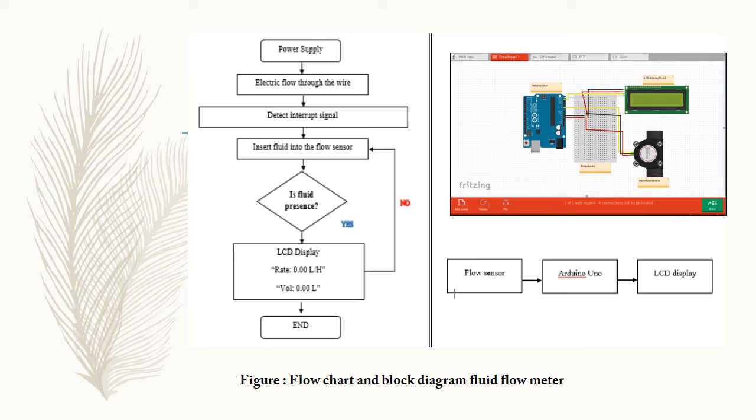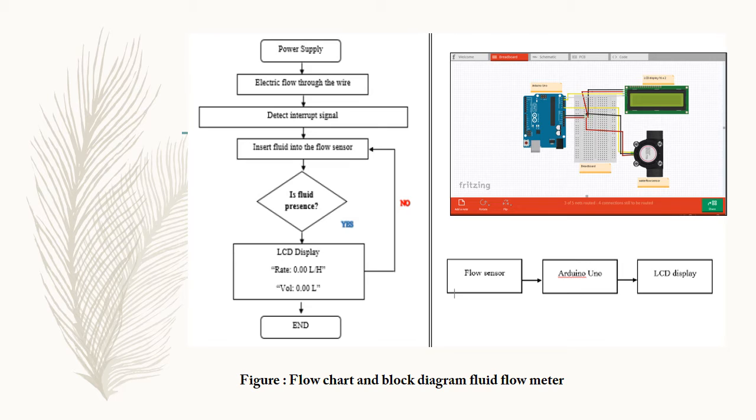The fluid flow meter is simpler than the hour meter, where once the power is supplied, it will detect the signal once the fluid flows into the flow sensor. When the fluid is present, the LCD will display the rate and the volume of the fluid.